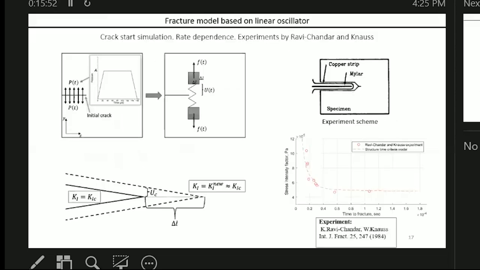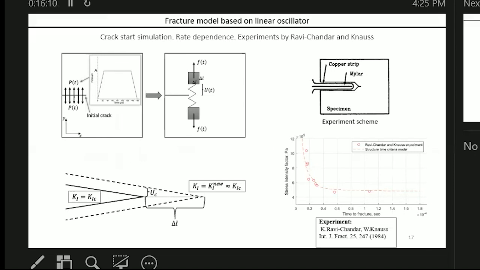So it's very similar to what we can observe in real materials. Well, if we get these two dynamic fracture effects, we can use this system to simulate some real experiments.